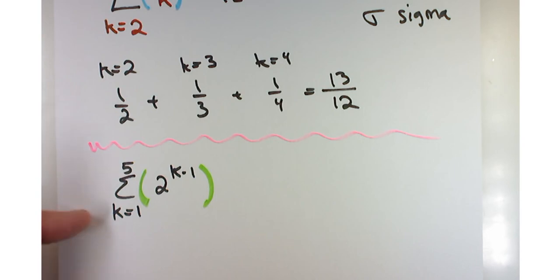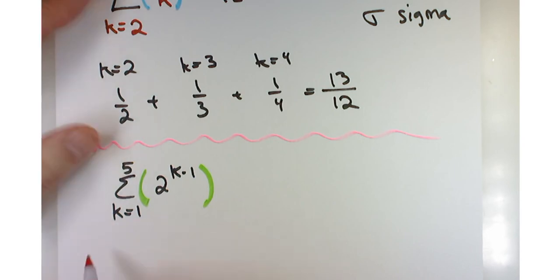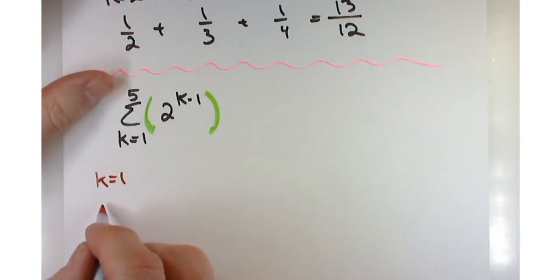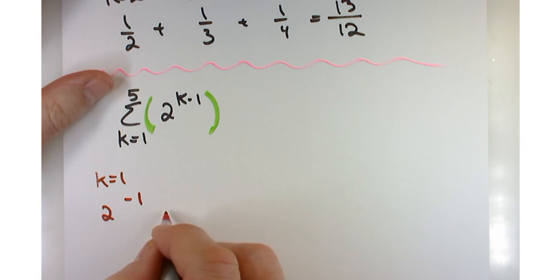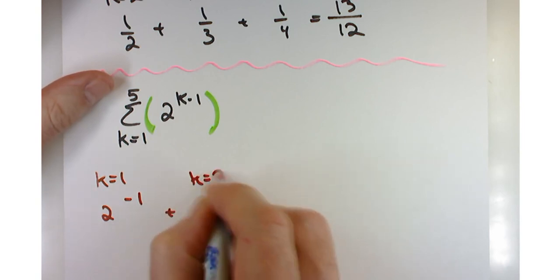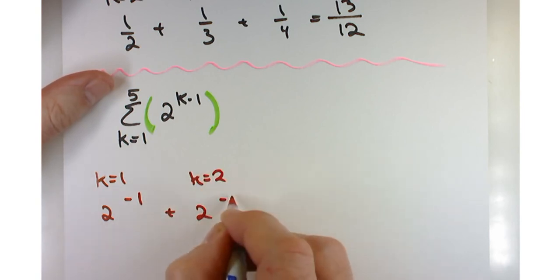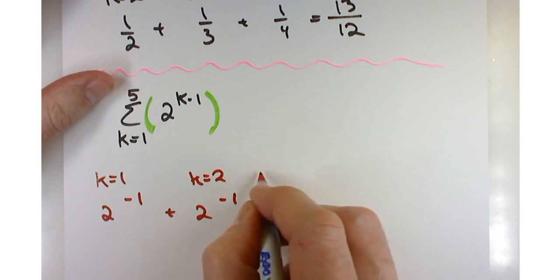Where do you start? What's the lower summation here? 1. So k equals 1. That's gonna be 2 to the 1 minus 1. And then 2 to the 2 minus 1, and so on.